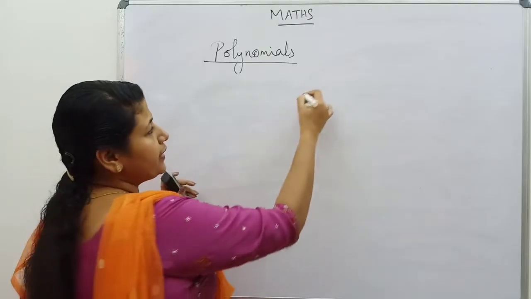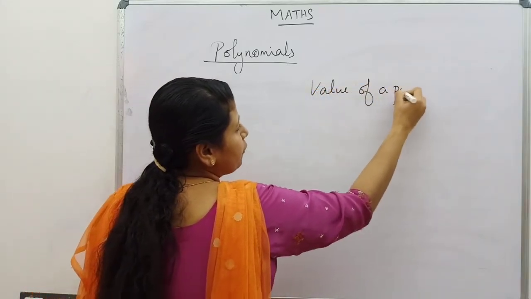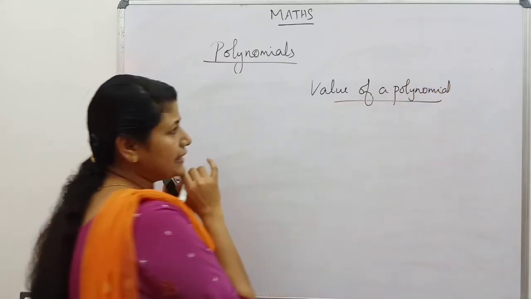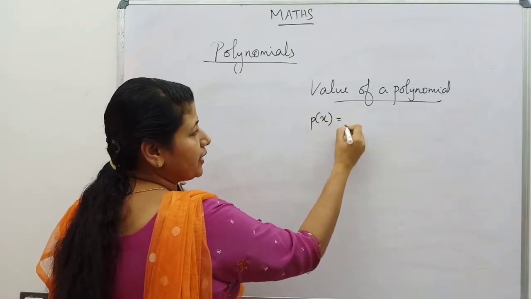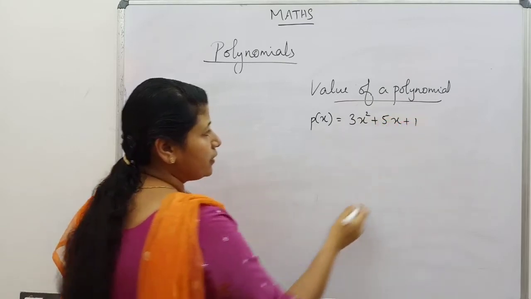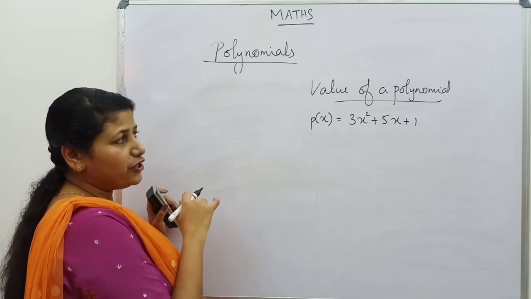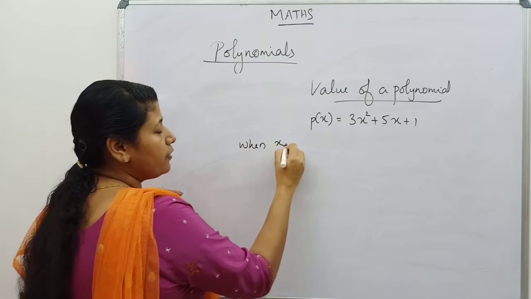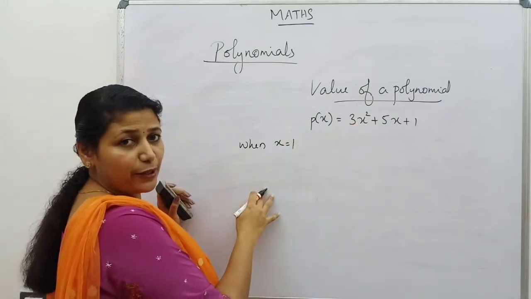Next, what do you want to find? How to find the value of a polynomial. Just listen. If you have a polynomial named p of x equal to 3x square plus 5x plus 1, and you want to find the value of this polynomial when x is given as 1, then instead of x we will use the value 1.